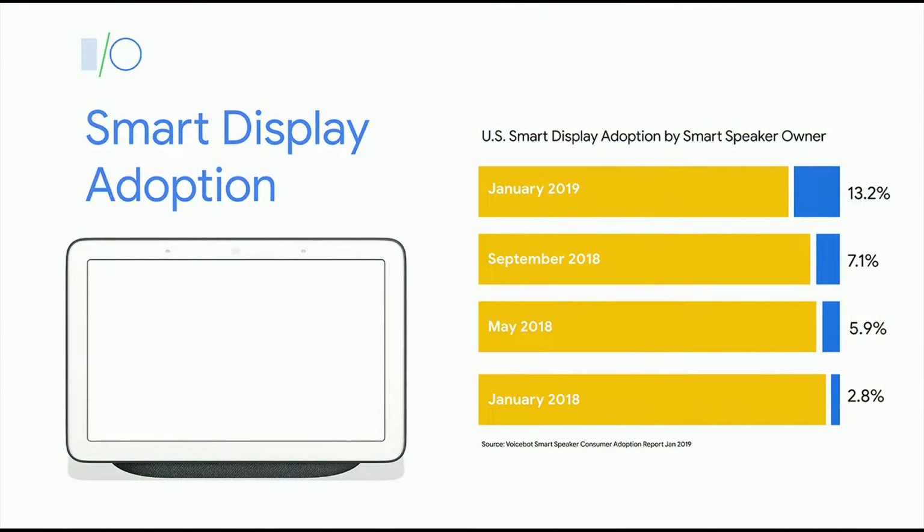Last year, when we announced smart displays, we were starting to see increased engagement from players on these display devices. Over the course of 2019, the percentage of smart homes that now include a smart display device has quadrupled from less than 3% to over 13%.